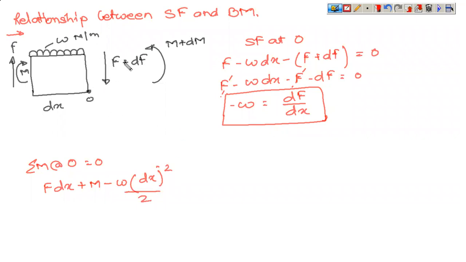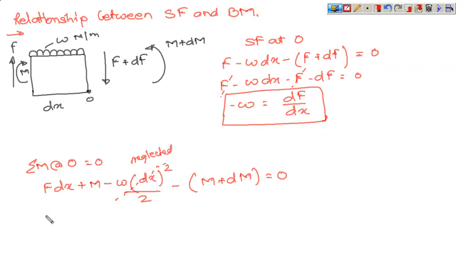Now this F plus dF will not produce a moment about point O because it does not have a perpendicular distance. Now this is an anti-clockwise moment, so this is minus (M plus dM) is equal to 0. So these are the sum of all moments. Now if you look here, dx is a small quantity, so dx whole square again becomes a smaller quantity. So this entire term is neglected.